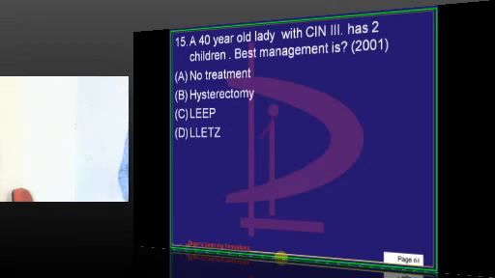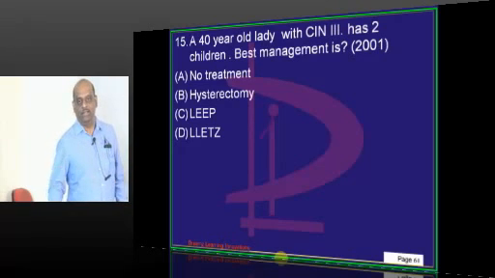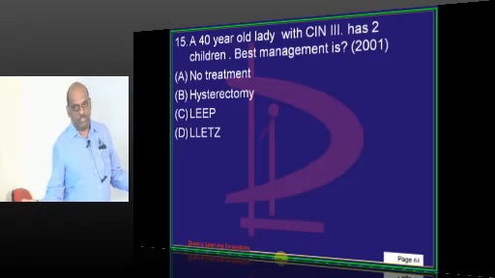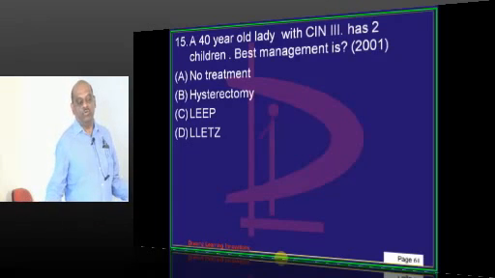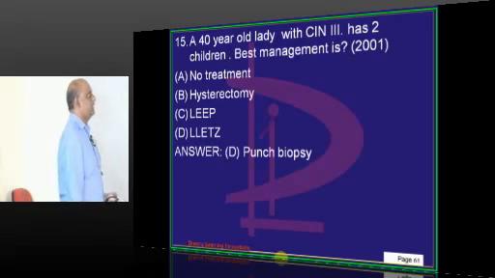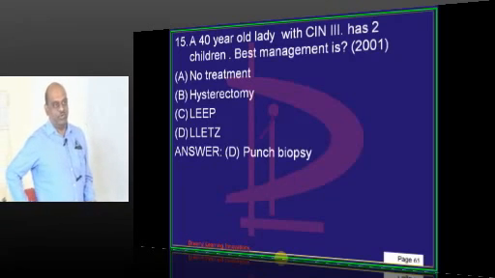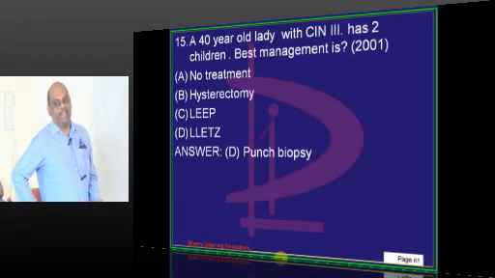A 40-year-old with CIN3 has already had 2 children. So what is the best management? Just before, we reviewed how to treat according to the stage. Come on, doctor, finished family size. What do you want to do? Hysterectomy you want to do? Ideally, in the Indian scenario.